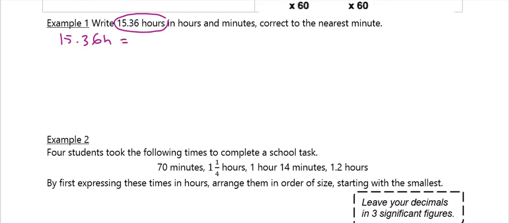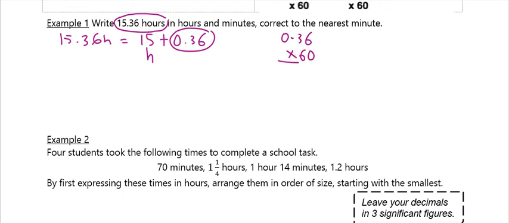You can split 15.36 hours up into 15 plus 0.36. Now 0.36 is the minute portion of the hour, so you already have 15 hours, but the 0.36 hour you have to convert into minutes by multiplying it by 60.